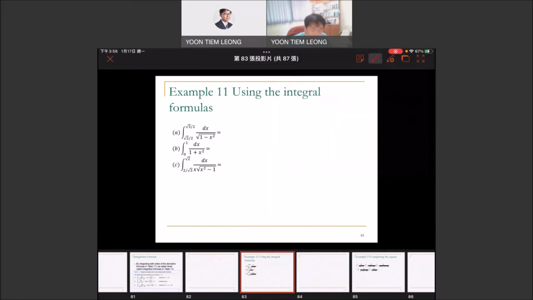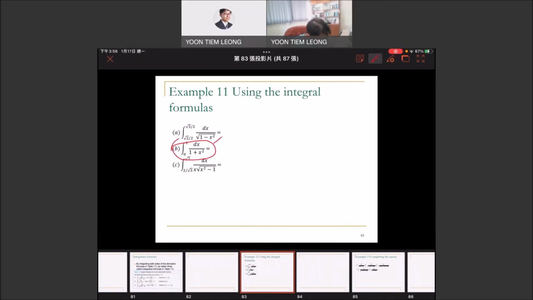I'm just demonstrating it, so it doesn't matter if it's wrong. But the most important thing is your concepts and your working, not really my calculations. I don't mind if my calculation is wrong, I just want to demonstrate the process. Sometimes when I teach you, I tend to demonstrate the process of working, even though it's wrong, hoping the process can give you some hint or some feeling of how the calculation is done.